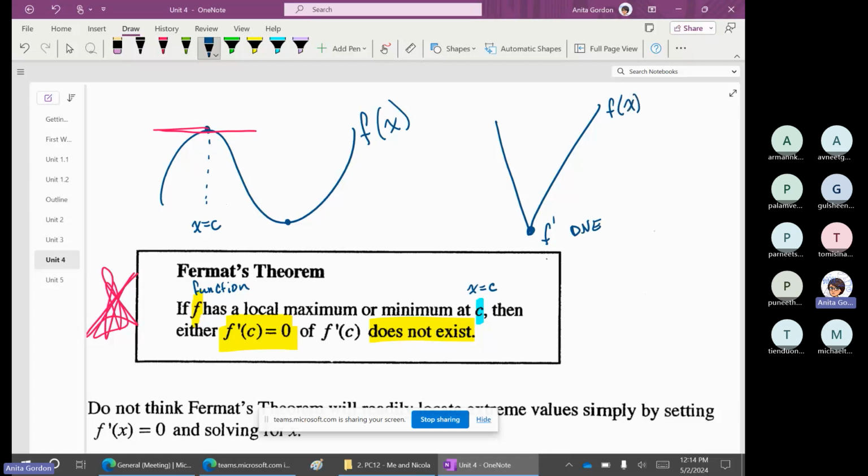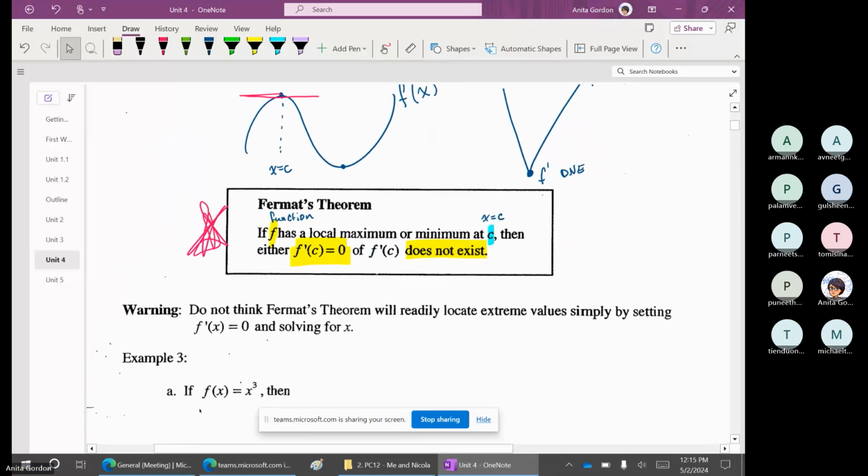So this is an example of f of x equals absolute value. This is an example of sine x, right? So if you have a peak or a valley, your derivative is 0. And if you have a sharp corner, it doesn't exist. Both of these mean that there must be something going on in those locations. So you're either looking at a max or a min.